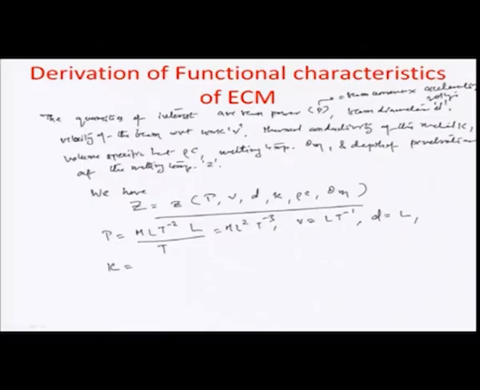So, k can be expressed in terms of M L T minus 3 theta minus 1, rho c can be expressed in terms of M L minus 1 T minus 2 theta minus 1, and so on and so forth. Of course, theta m is nothing but having the basic dimensions of temperature, and z is L.